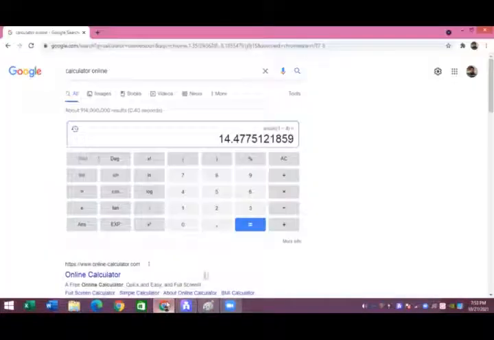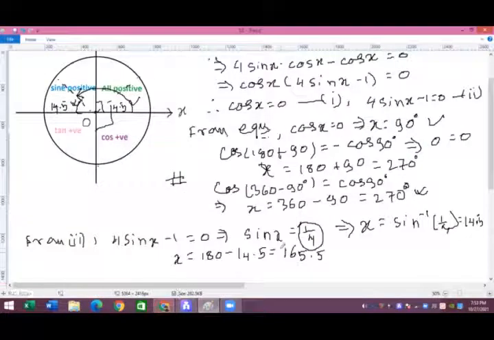So go to the calculator again, sine 165.5 and close the bracket. Yes, it is 0.25. You may see some decimals due to rounding, but it is very close to the 1 by 4 that we require here.